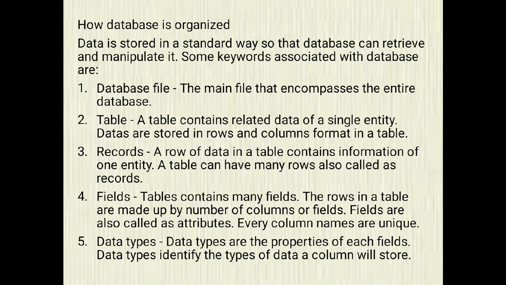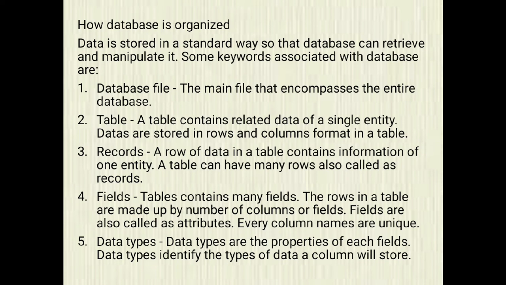Every row is identified by its column. If the column name is roll number, then roll number is called a field, and it is also called an attribute. Roll number contains the data of all the students' roll numbers, like 101, 102, 103.